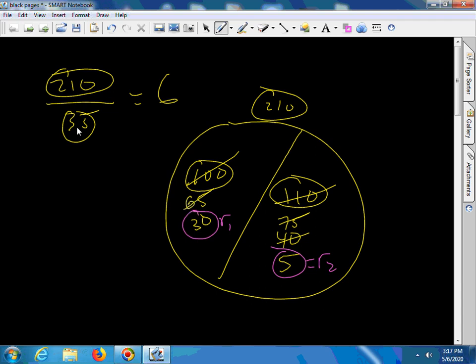That's if 35 doesn't go into either of these numbers. Well, even if R1 and R2 were both 0, 35 does go into 0 plus 0. 35 will go into the remainder.